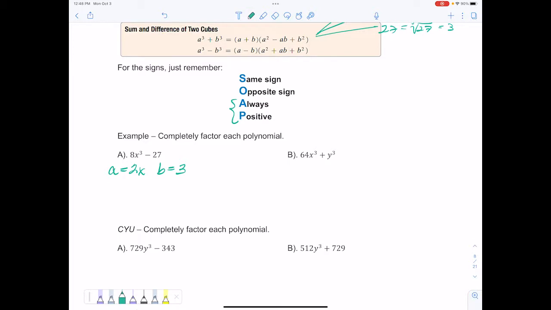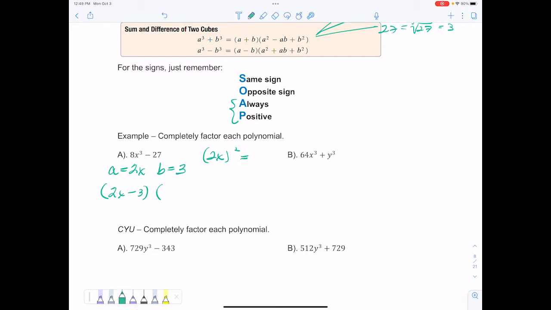So the difference formula says do a minus b and then a squared. So if I take a and I square it, remember we have to use the product to a power rule for exponents. So each of the numbers, whether it's a number or a variable, gets raised to the second power.